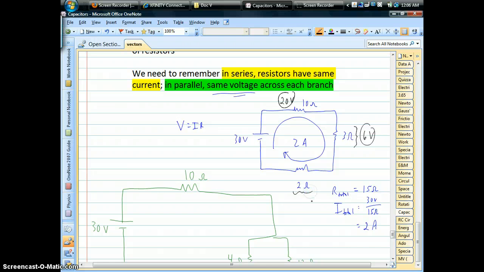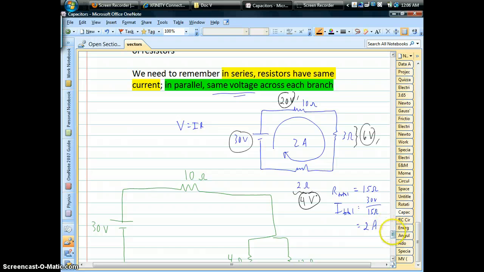And then down on the bottom, if we have 2 amps going through 2 ohms, that gives us a voltage difference across that resistor of 4 volts. Remember Kirchhoff's rules. Check yourself as you go through this. The 4 and the 6 and the 20 add up to 30 volts, the total of the battery. Chances are we're right. That's looking good.